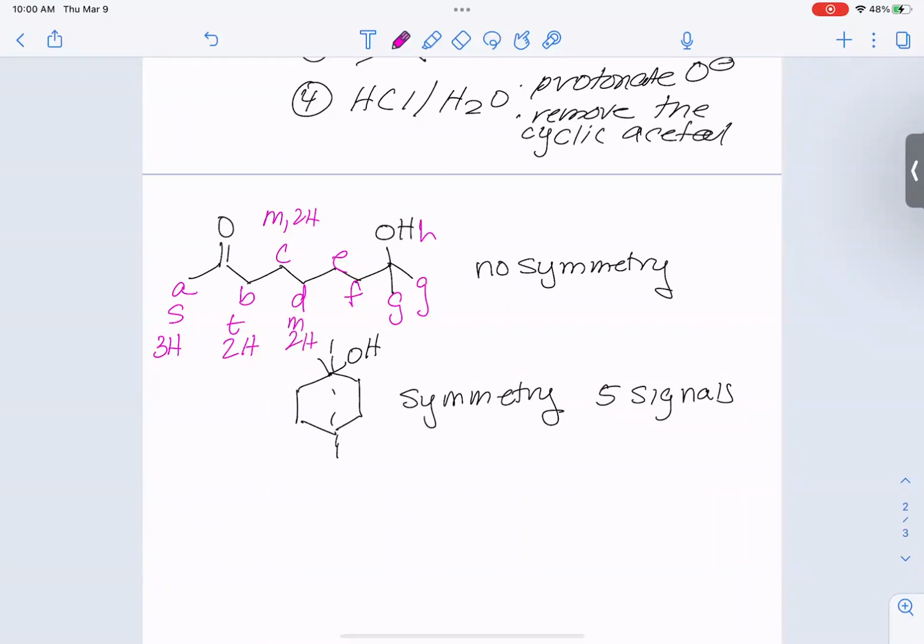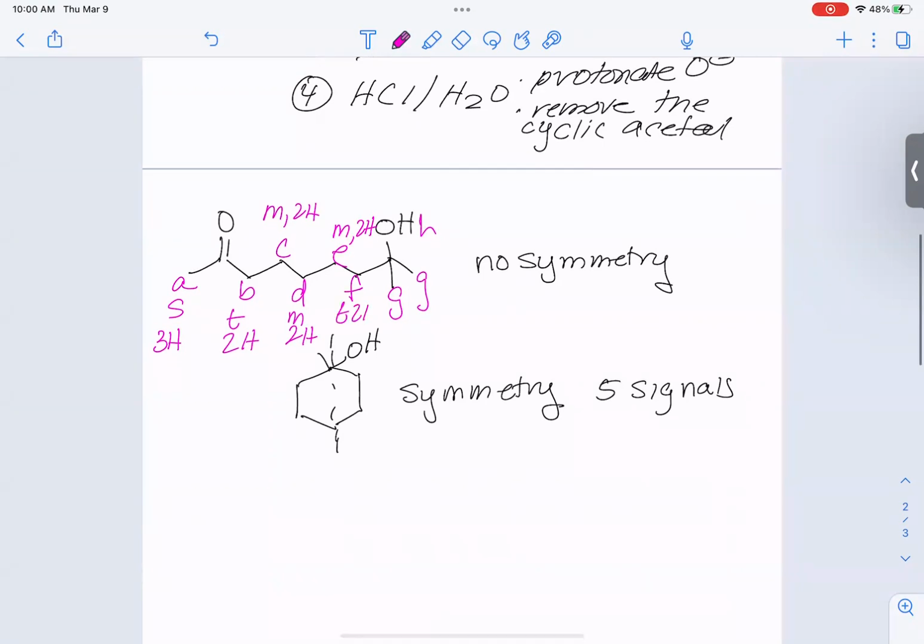That's 2 hydrogens. E would be a multiplet. That's 2 hydrogens, right? What about F? A triplet, that's 2 hydrogens. What would the signals for G be? A singlet that's 6 hydrogens. And then H would be a singlet that's 1 hydrogen. Okay, so that's a pretty big difference in the spectrum.